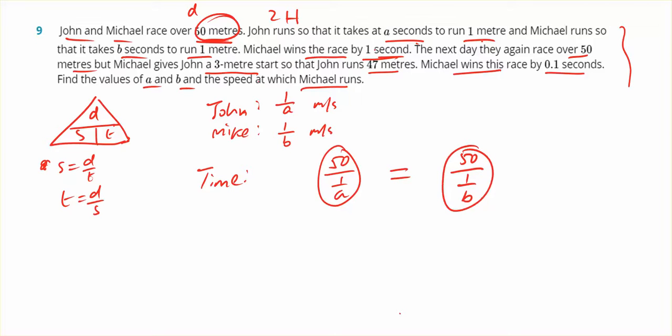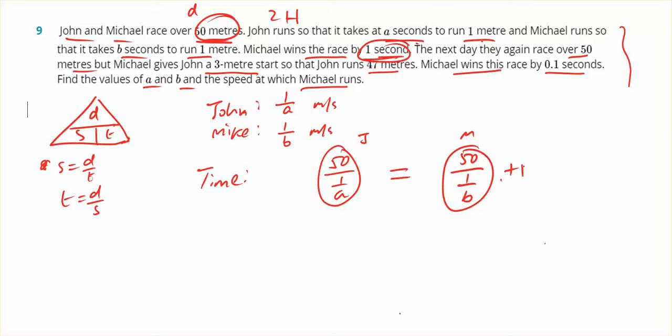Now, we need to take into account that Michael wins the race by 1 second. So this is John, this is Mike. If Mike wins the race by 1 second, Mike is 1 second quicker. For John's time to equal Michael's time, you need to add 1 second to Michael's time, because John takes 1 second more to run the race.